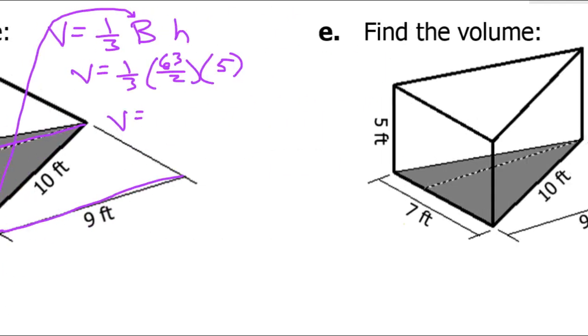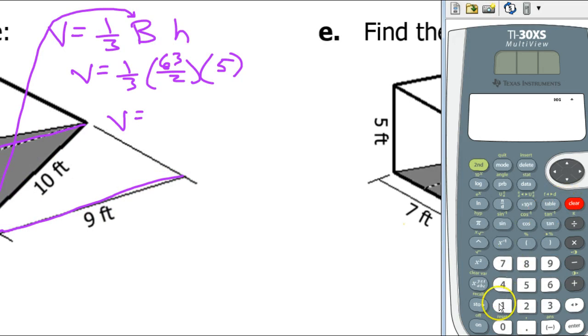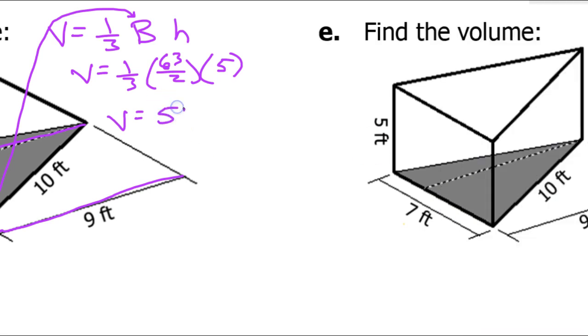So that's going to be 1/3 times 63 over 2 times 5. 1/3 area of the base times height. So that's 105 over 2, also known as 52.5. And since we're talking volume, the units will be feet cubed, or you can say cubic feet.